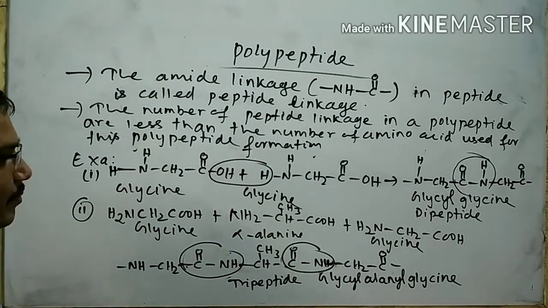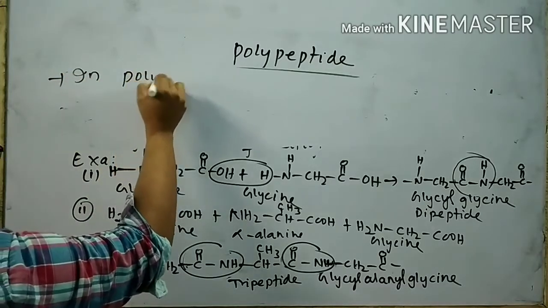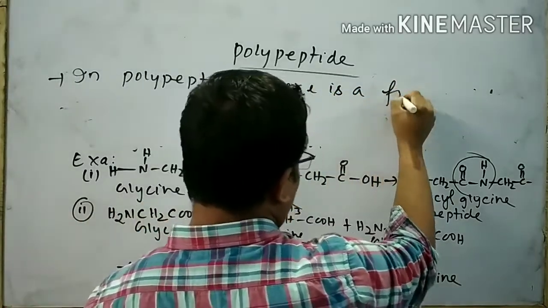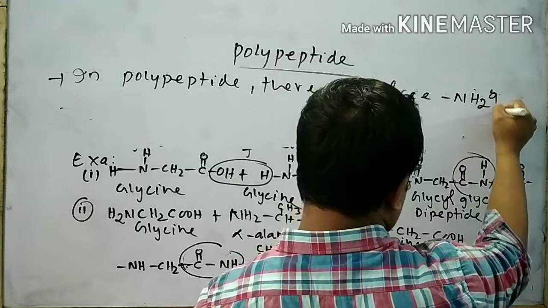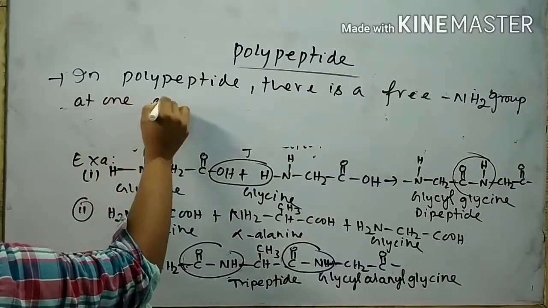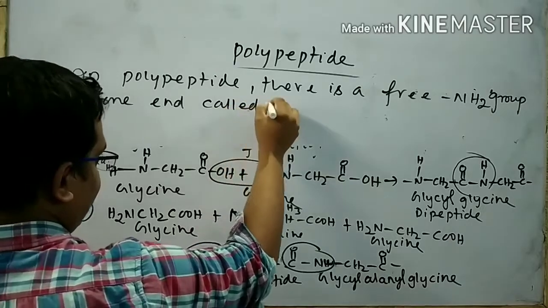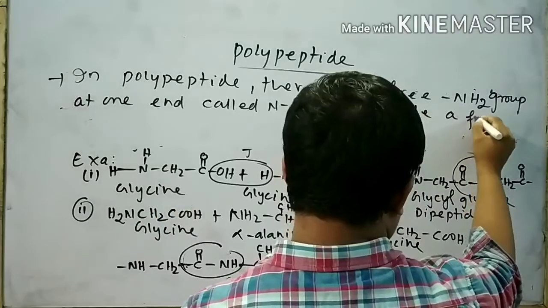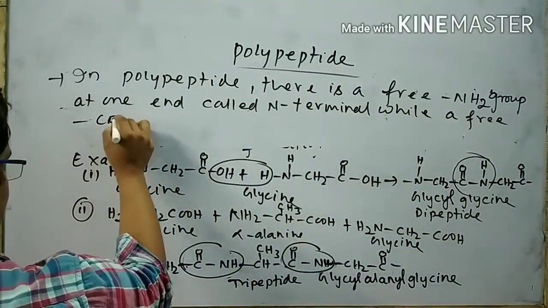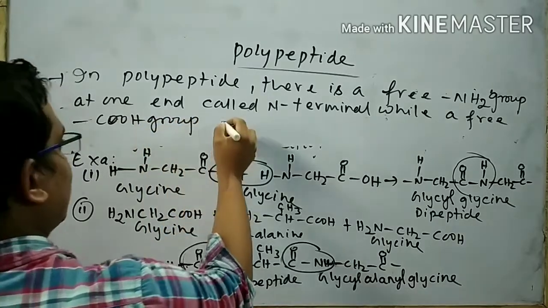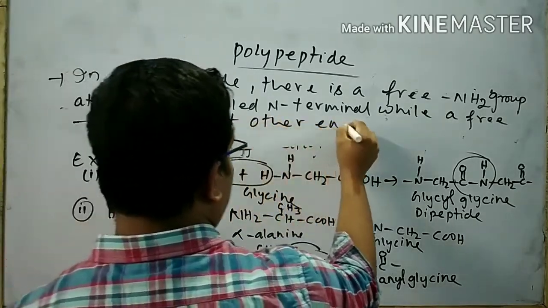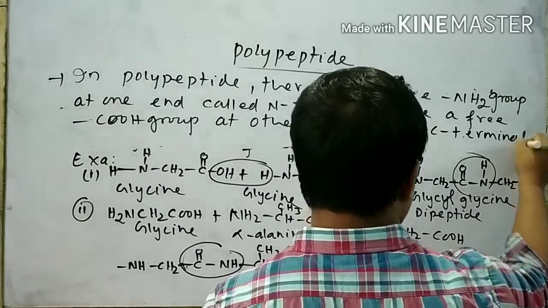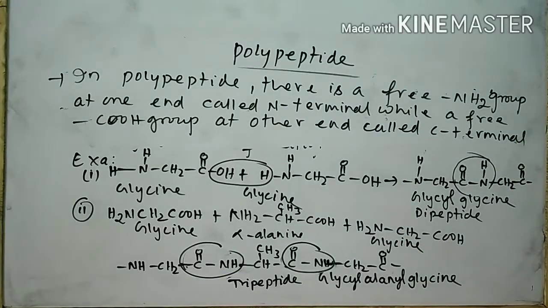So we can write in a polypeptide there is a free NH2 group at one end called N-terminal, while a free COOH group at the other end called C-terminal. This is all about polypeptide.